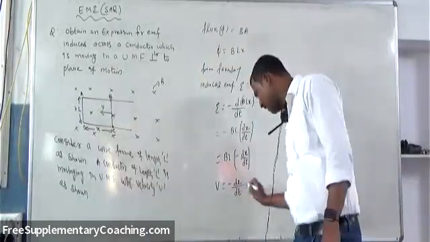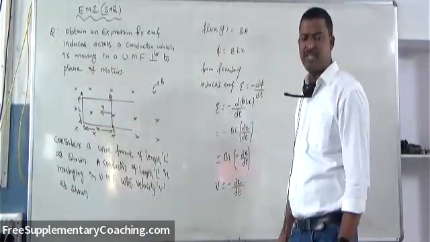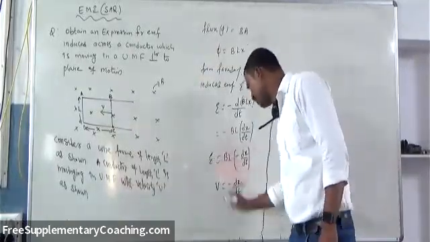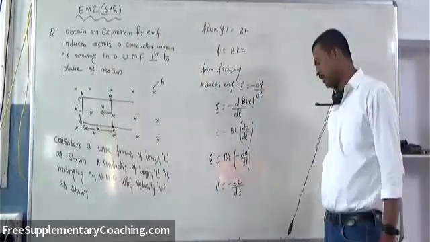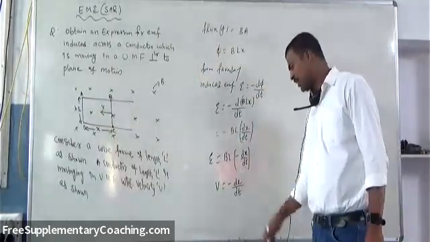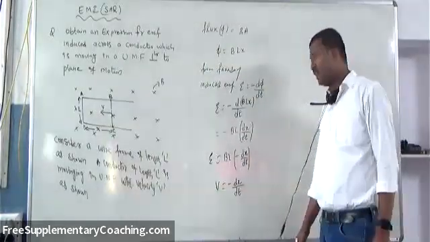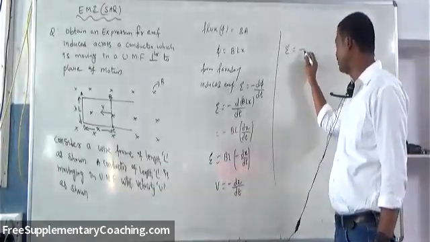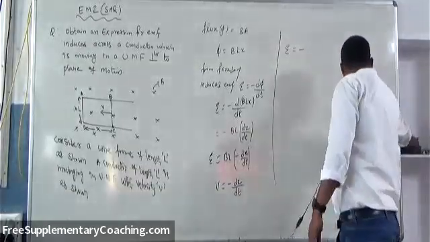That means V is minus dx by dt. So from this expression, we got induced EMF BL times minus dx by dt. In place of minus dx by dt, I can write V. So finally we got E is equal to BLV, no minus, correct?